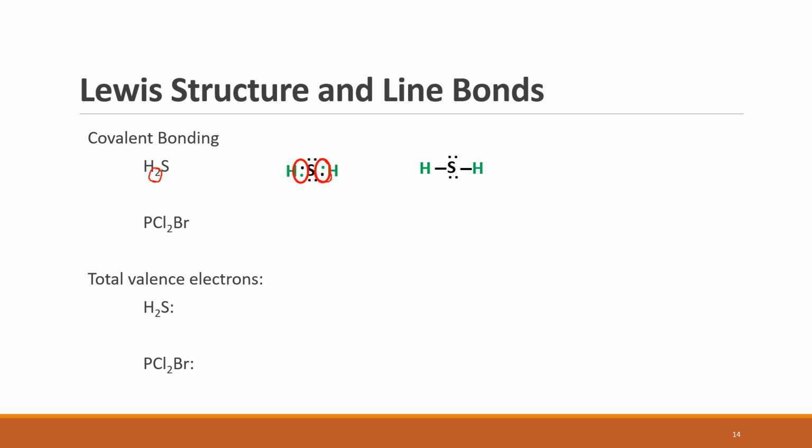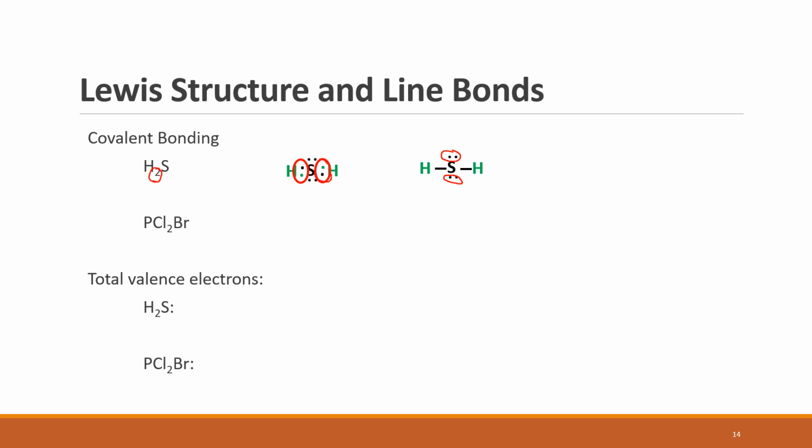The remaining dots we leave as dots because they're not bonded to anything. So this lone pair above sulfur, because when we have 2 electrons together we call it a lone pair, and this lone pair underneath the sulfur atom, since they're not attached to anything, we leave them as dots instead of putting lines.